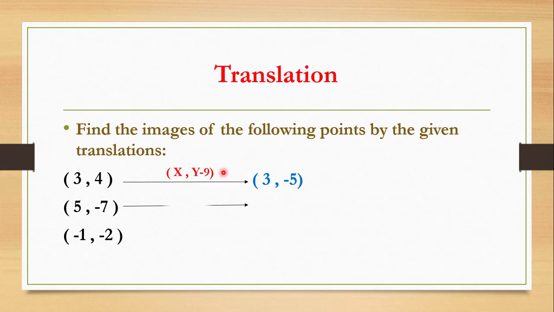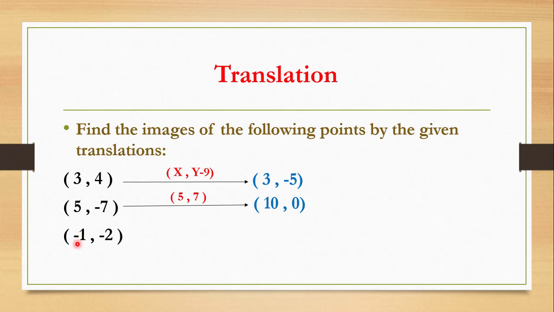The next one, the translation here is 5 and 7. So we will add 5 plus 5, this is the x coordinate, and negative 7 plus 7. 5 plus 5 is 10. Negative 7 plus 7 is 0. So (10, 0) is the image of this point.